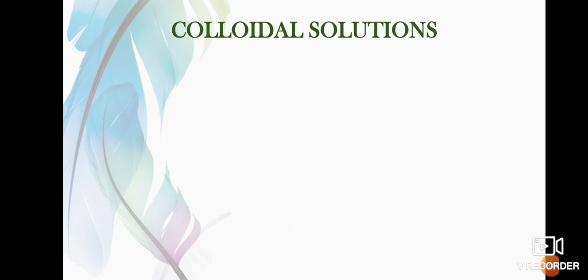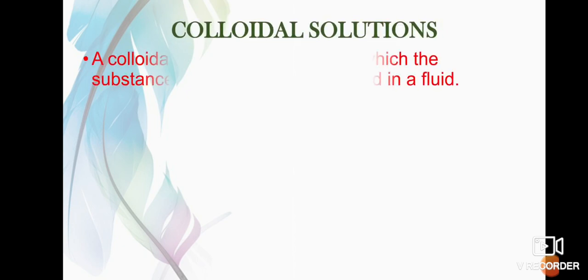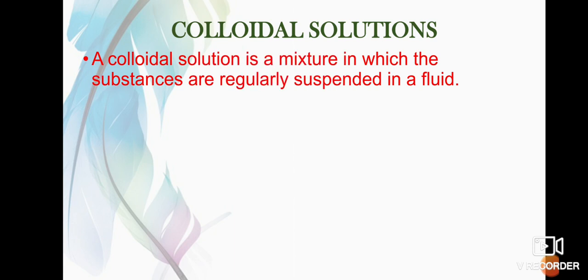Then the next type is colloidal solutions. What are colloidal solutions? A colloidal solution is a mixture in which the substances are regularly suspended in a fluid. Once again I am reading: a colloidal solution is a mixture in which the substances are regularly suspended in a fluid.